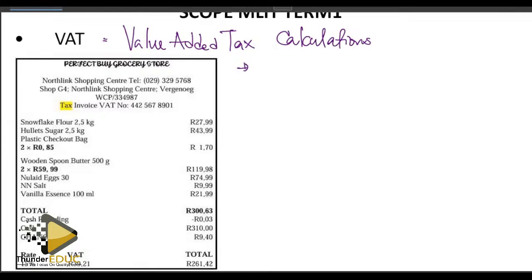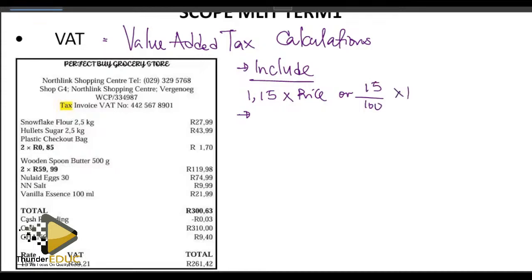One, I might be asked to include VAT. And what shall I do if I'm asked to include VAT? I will have to take my 1,15 times the price given to me. All right, this is the first one. Or you can take 15 over 100 times the price given to you plus that price.